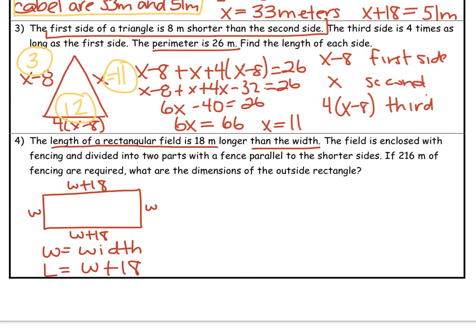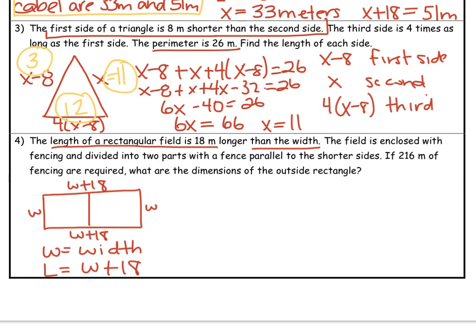The field is enclosed with fencing and divided into 2 parts. So I'm going to divide it into 2 parts with a fence parallel to the shorter sides. So this side right here is divided in half, and this line right here is parallel to this line.